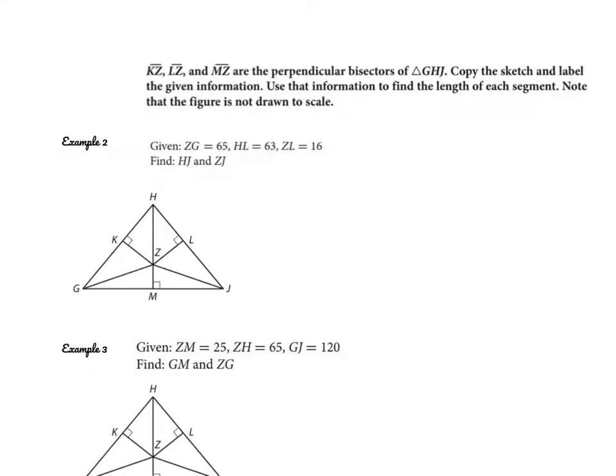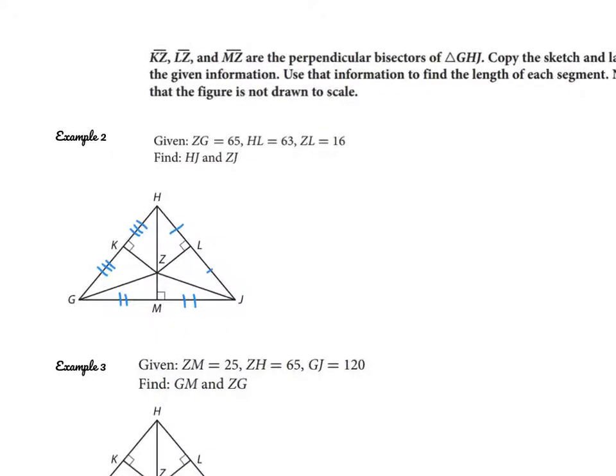Okay, in these next few examples, KZ, LZ, and MZ are perpendicular bisectors of our triangle GHJ. So notice we have our 90-degree angles, and another thing we can do to help us is to mark our congruent portions. So HL and LJ are congruent, GM and MJ are congruent, and GK and KH are congruent, because again, these 3 segments are perpendicular bisectors.